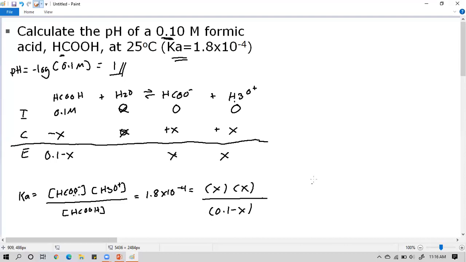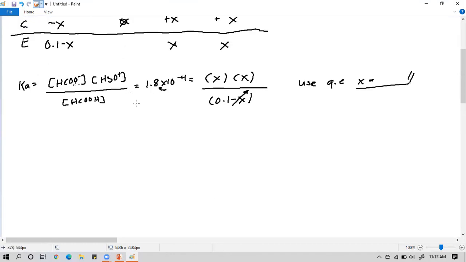So, dito, gagamit kayo ng quadratic equation to solve for X. Pero dito, since the value of our equilibrium constant ay sobrang liit niya, kaya ang mangyayari dito, magiging negligible yung value ng X sa denominator, which in turn, ang mariretain natin dito is 1.8 times 10 raised to negative 4 is equals to X times X all over 0.1.